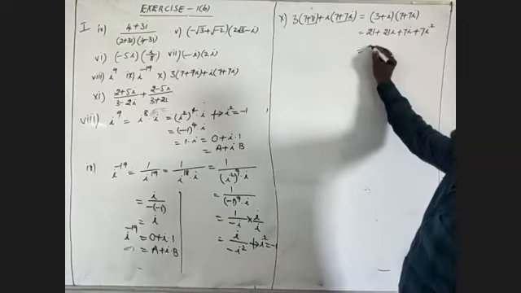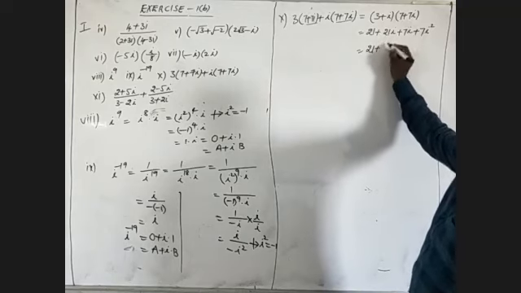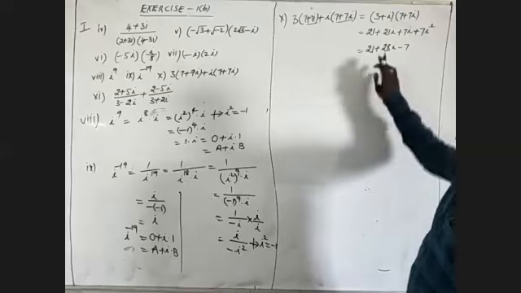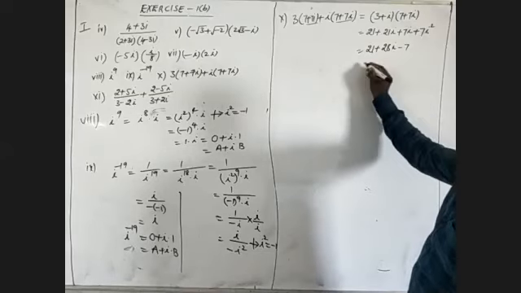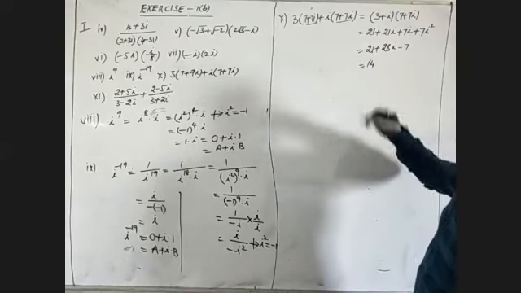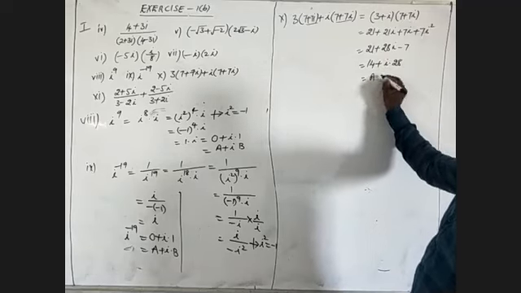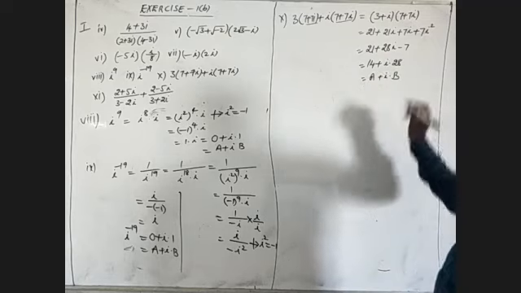That means 21 plus 7 is 28i. Remaining is minus 7. 21 minus 7 is 14. So 14 plus i into 28, which is of the form a plus i b.